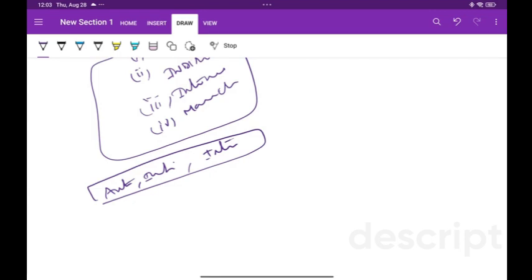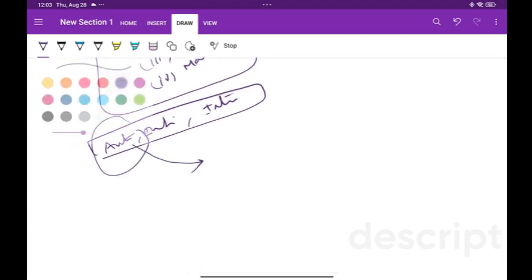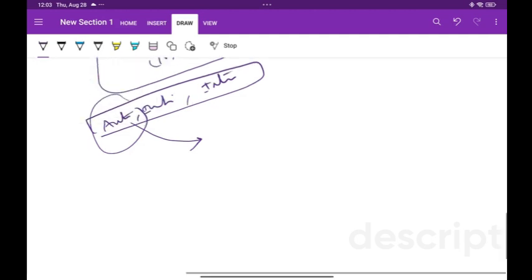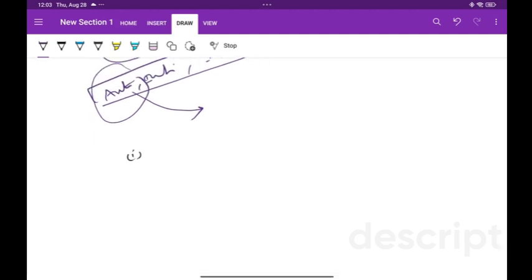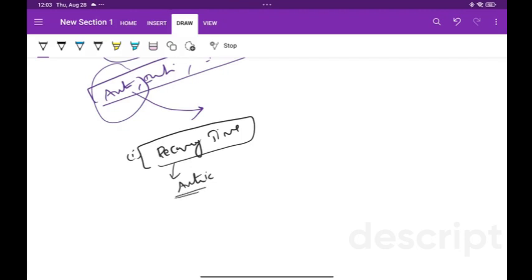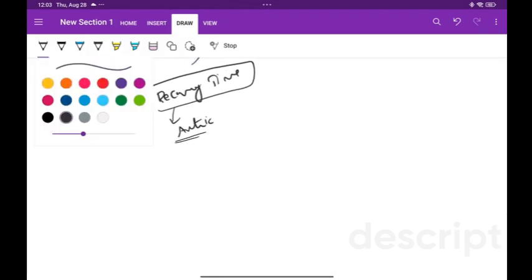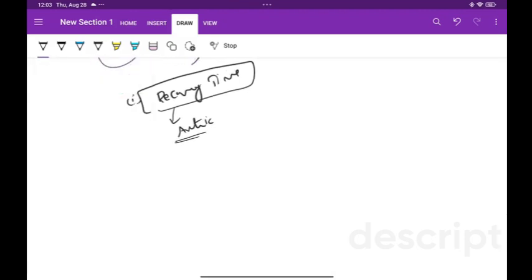I said these are categorized based on the timing only, but what timing is considered? First one is recovery time. Based on the recovery time, automatic checkpoint is designed. What is recovery time here?